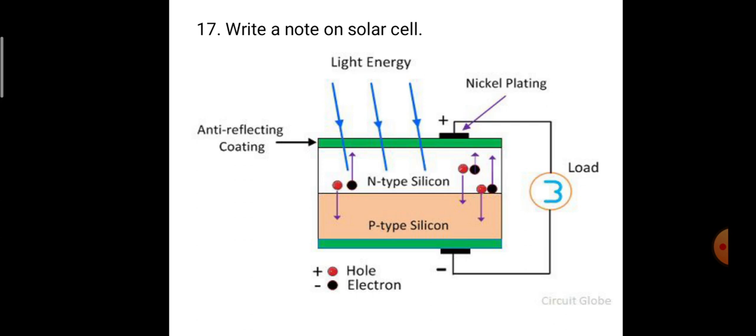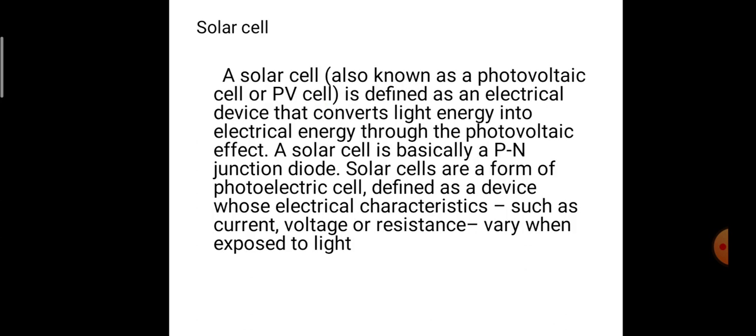17th question. Write a note on solar cell. The figure shows the solar cell. A solar cell, also known as photovoltaic cell or PV cell, is defined as an electrical device that converts light energy into electrical energy through the photovoltaic effect.